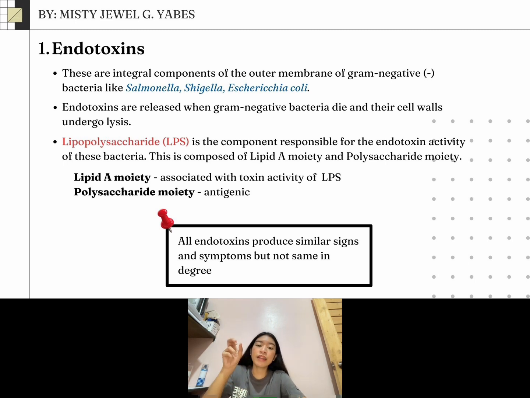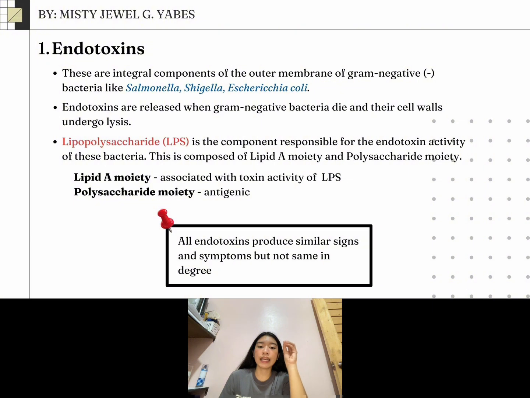Ang main component na responsible sa ating endotoxin ay ang ating lipopolysaccharide, which is, we can call it LPS din. Okay, so itong lipopolysaccharide is responsible sa ating endotoxin activity of this bacteria.